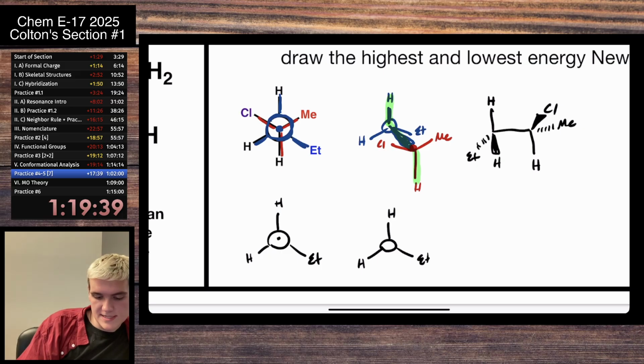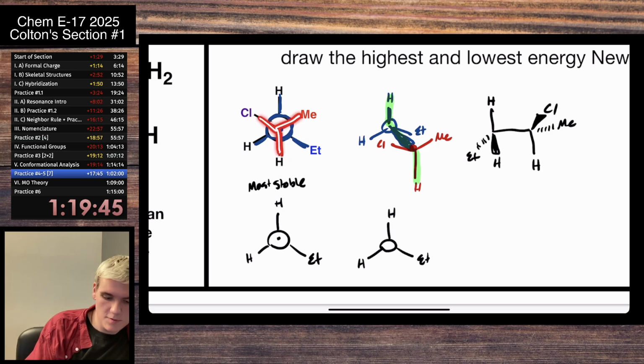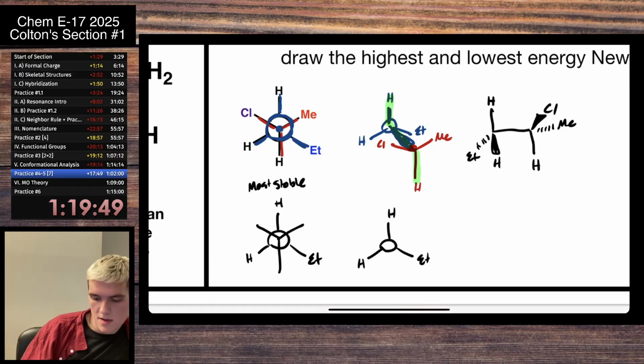And then for our most stable, I want it to be another staggered conformation like this, where everyone's in their own windows. Versus for the least stable, I want everyone to be eclipsed, so right behind their front counterparts.